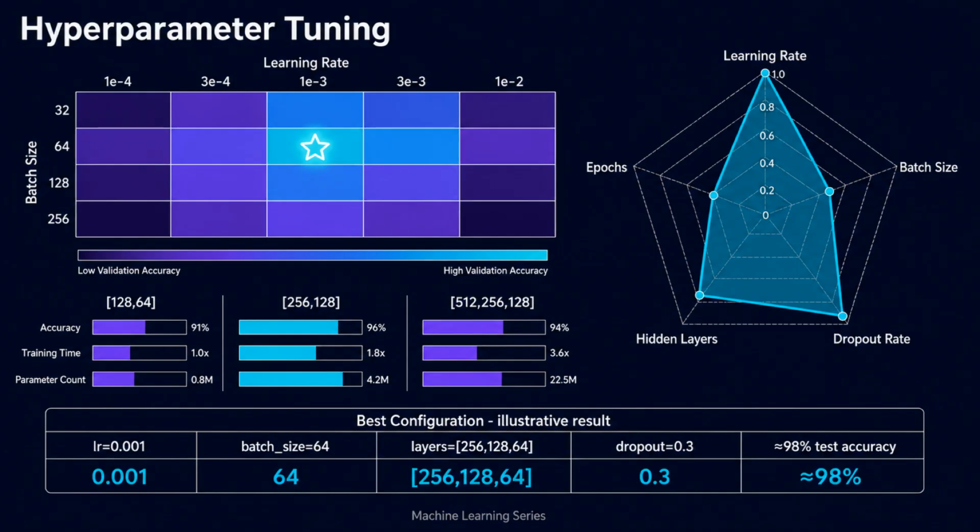For each combination, we train the model and evaluate on the validation set, not the test set, to avoid data leakage. We track all results and select the configuration with the best validation performance. While grid search is exhaustive, more advanced methods like random search and Bayesian optimization can explore the space more efficiently.